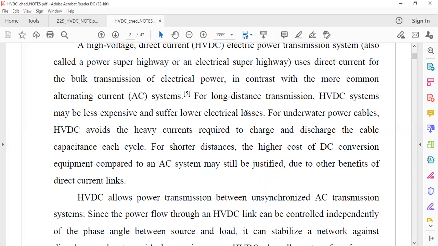Just remember that point: for long distance transmission, an HVDC system may be less expensive and also suffers lower power losses.